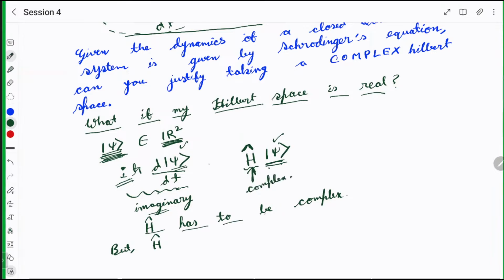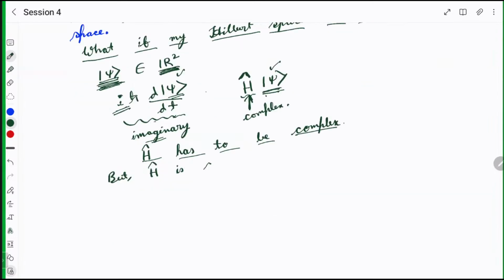This was our conclusion. But H is acting on a Hilbert space. Which Hilbert space is it acting on? It is acting on R2. So if H is an operator acting on R2, then H has to be real, right? So here we have a contradiction, because in order to make the left hand side and right hand side of the Schrodinger equation equal, we cannot have a real vector space.